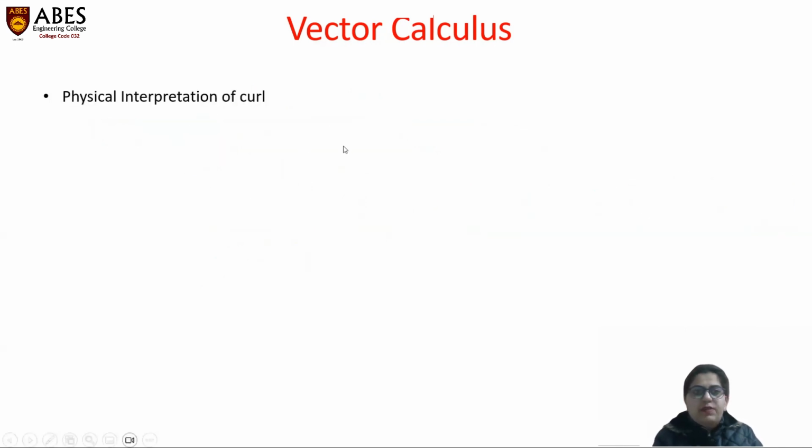The physical interpretation of the curl, let us take it be V, can be calculated by taking the example of a fluid flowing in a three-dimensional space. Here, let us take that the fluid is moving with the velocity v, but this v consists of two components: the angular velocity crossed with the position vector.